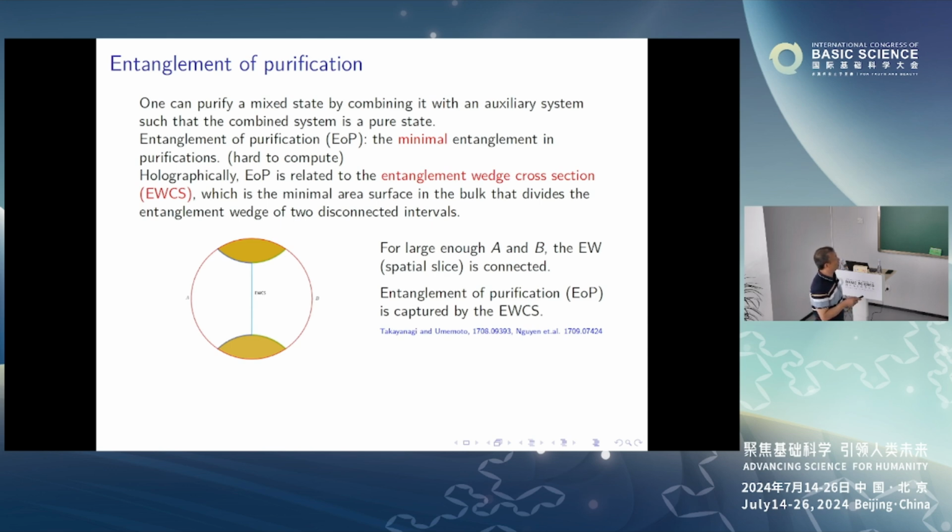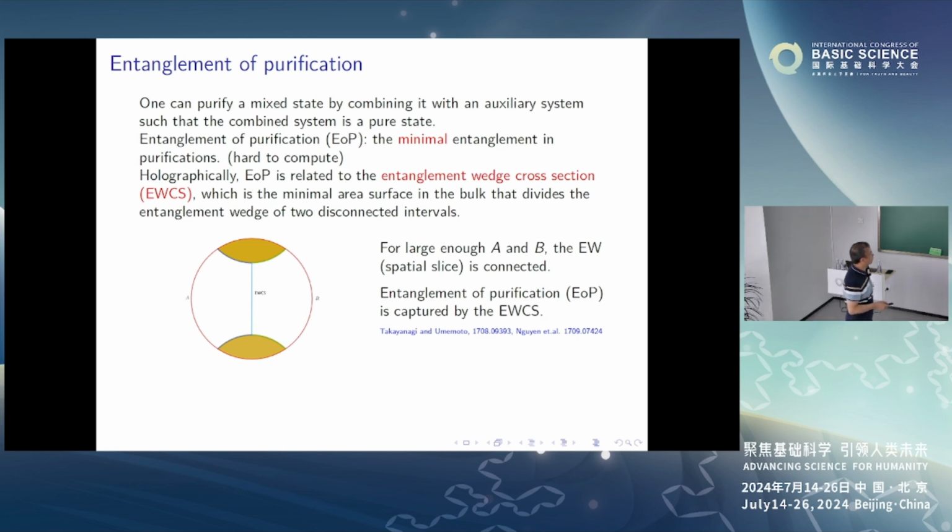We can combine it with an auxiliary system, such that the combined total system is in a pure state. The entanglement of purification is defined to be the minimum entanglement among the purifications. Since we have various kinds of purification, it's generically hard to compute.